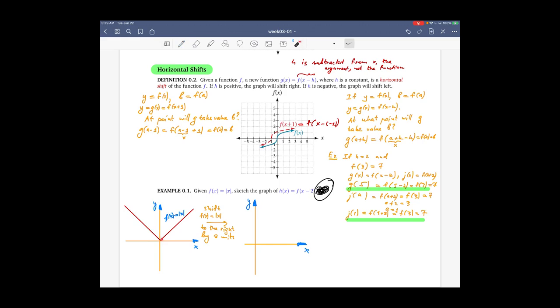So the angle of absolute value of x was at 0, 0, shifting to the right, we get the special point at 2, 0. The graph of f at x minus 2, which is absolute value of x minus 2.